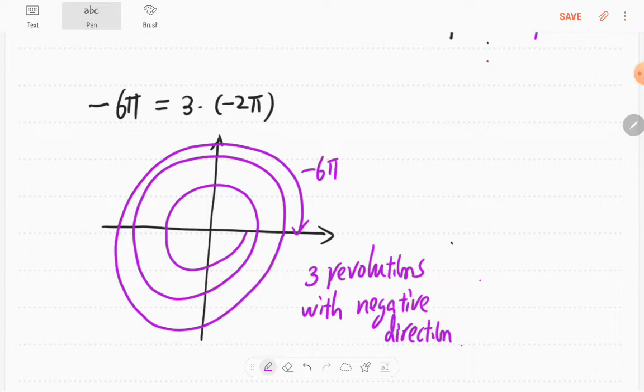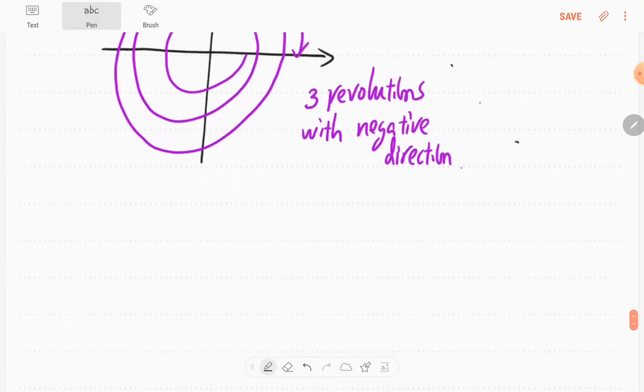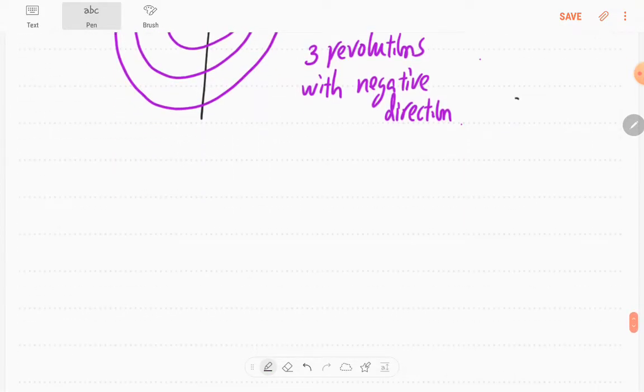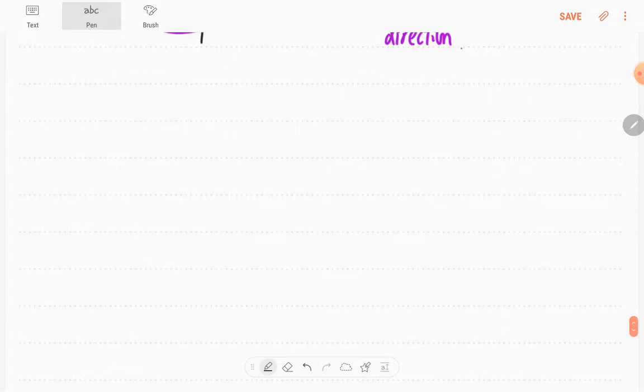So now, like we did in the degree measurement, to describe the coterminal angles, we need to consider the coterminal angles in the radian measure.